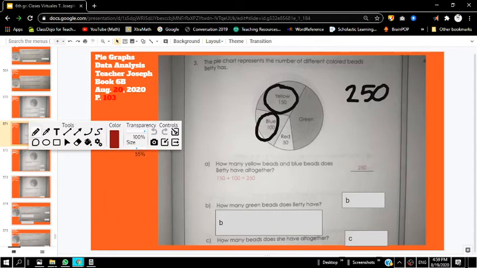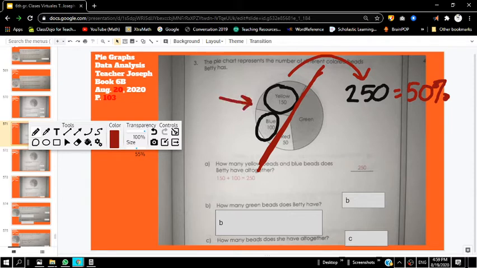If I split this pie graph in half, I know that 250 represents 50% of the data because this is half of the pie graph. So if this is 50%, then this is 50% also. I already know that red is 50, so I can take 250 minus 50 to get 200.